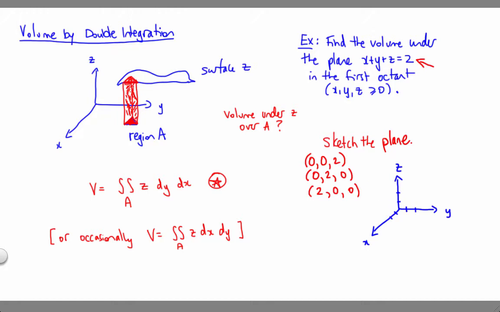So 0, 0, 2, that would be up here. 0, 2, 0, that's got y component 2, the other components are 0. And then 2, 0, 0 with x component 2, there we go. Okay, so there are our 3 points. So the idea is that the plane actually contains this triangle here.